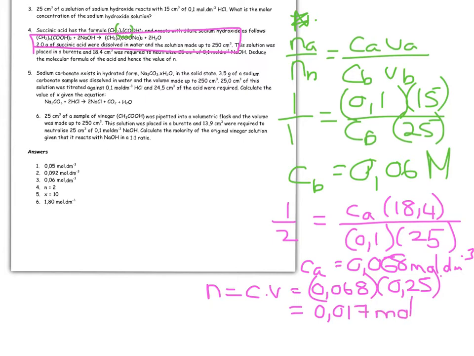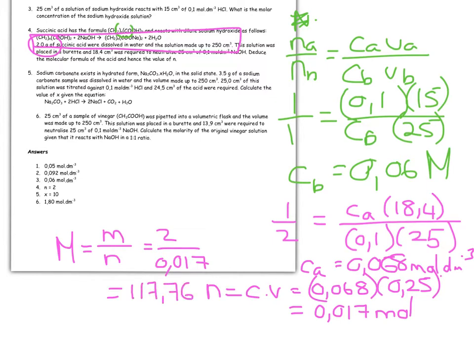And then I have got a mass. So molar mass is equal to mass over number of moles, so it's going to be 2 divided by 0,017, and I land up with 117,76 as the molar mass, so it's grams per mole.